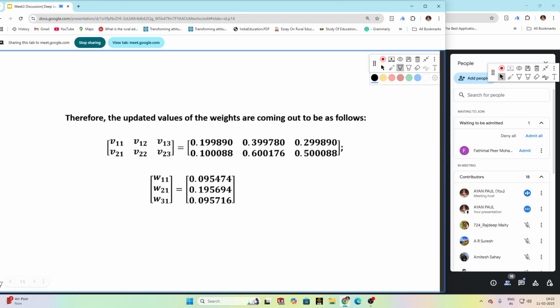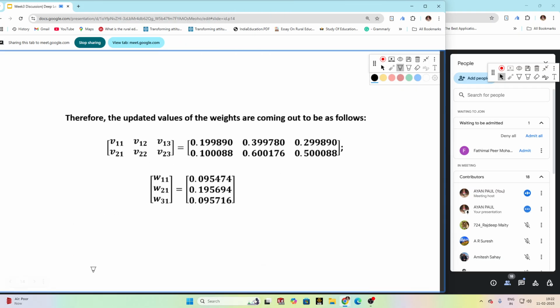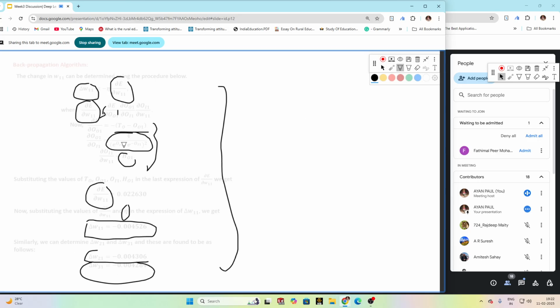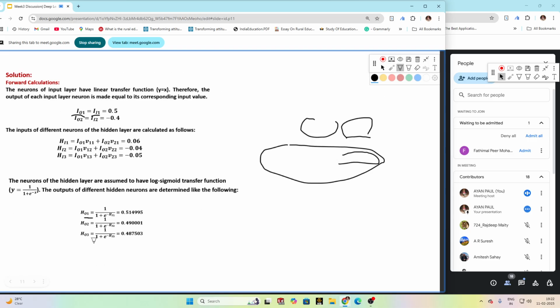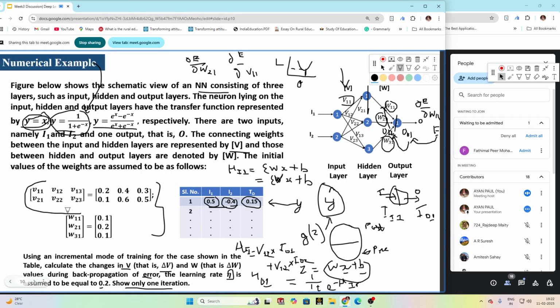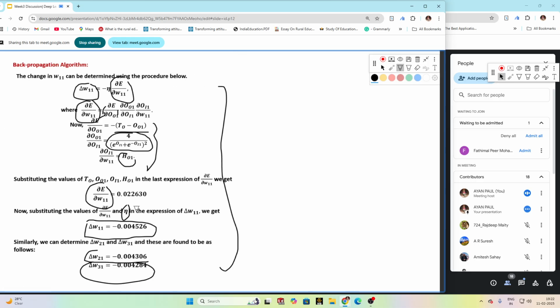Okay, now you can have an updated weight. What will be the updated weight at this iteration? That will be equal to the previous weight plus del of this. So what is the previous weight? Let me show you for W11. The previous weight was 0.1 and our del W11 was coming to be minus 0.004526.